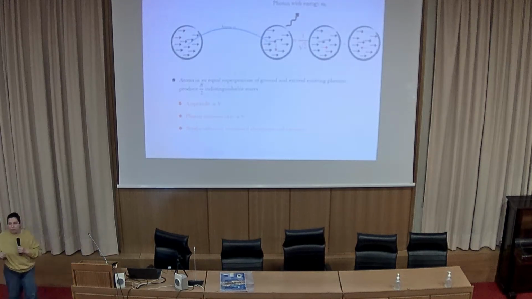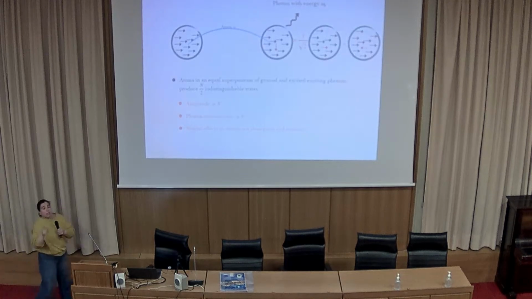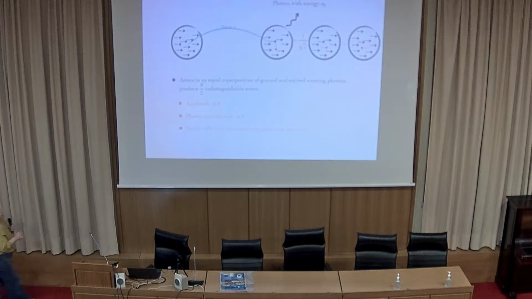So if I have n atoms that are prepared in the equal superposition of ground and excited state, what he found is that the spontaneous emission rate, the lifetime of each atom, is enhanced. There is a cooperative effect, and it's enhanced by n. Okay? So sometimes in atomic physics, they call them cooperative effects, or this is something that in quantum optics people work with all the time. Okay? So they get a photon emission rate from these atoms that goes like n squared now. And you have similar effects in stimulated absorption and emission.